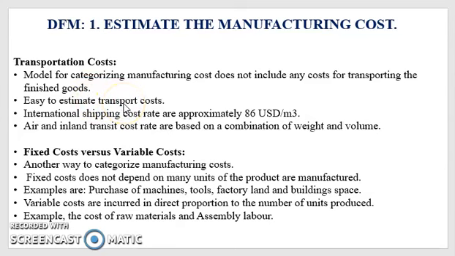Most goods are transported overseas using standard shipping containers, which could hold about 70 cubic meters of cargo. The cost of shipping a container between Asia and United States is roughly $6,000. Hence, the shipping cost rate is $86 per cubic meter.